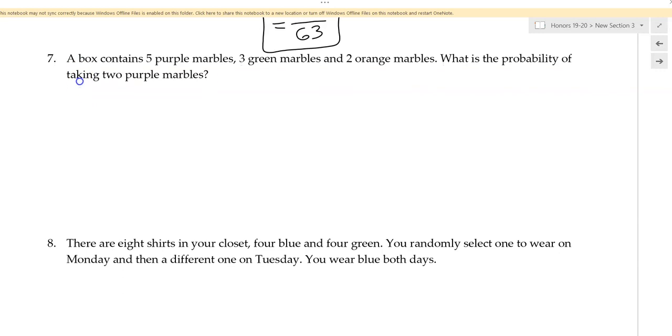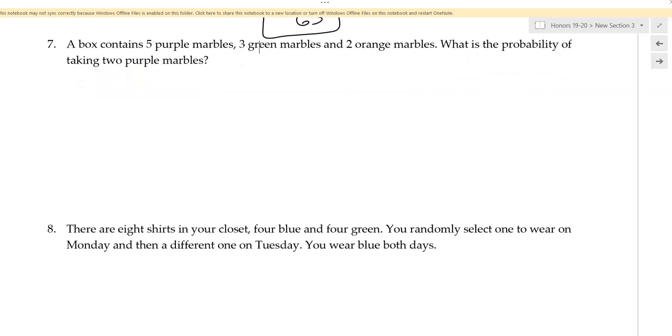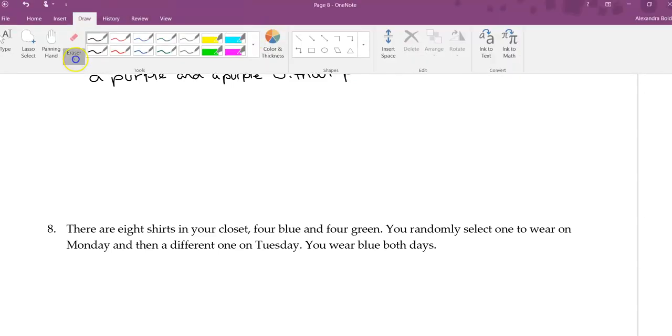All right, last one, or not last one, just kidding, 2 more. So a box contains 5 purple marbles, 3 green marbles, and 2 orange marbles. What is the probability of taking 2 purple marbles? Okay, something like this is the same as saying a purple and a purple without replacement.